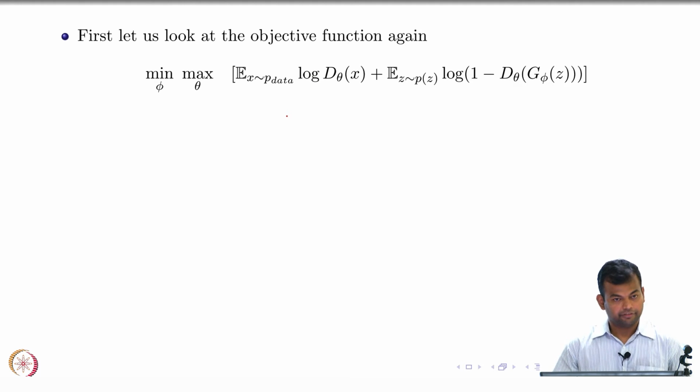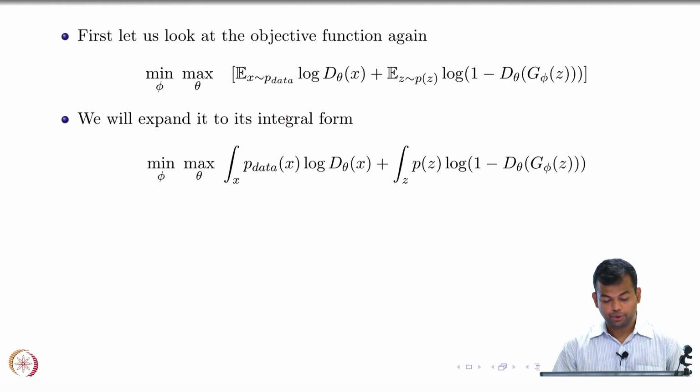So this is the objective function. Now what I'm going to do is replace the expectations by their integrals. Okay? And first of all, observe that this is nothing but x. This is the generated x. Right? So I know that this g phi of z is a function of z.